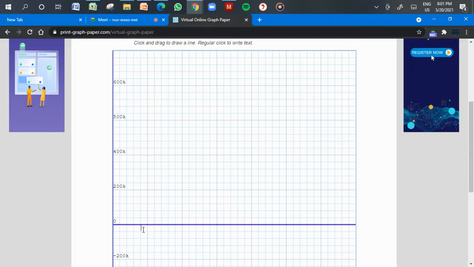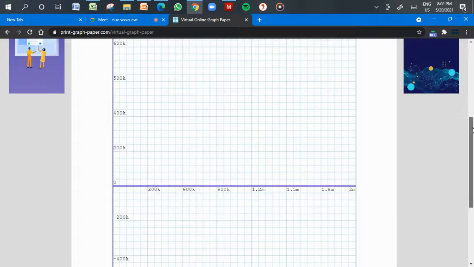So let's try 300K, then 600K, then 900K, then 1.2 million, then 1.5 million, then 1.8 million, then 2 million. Okay, so now we have a scale.